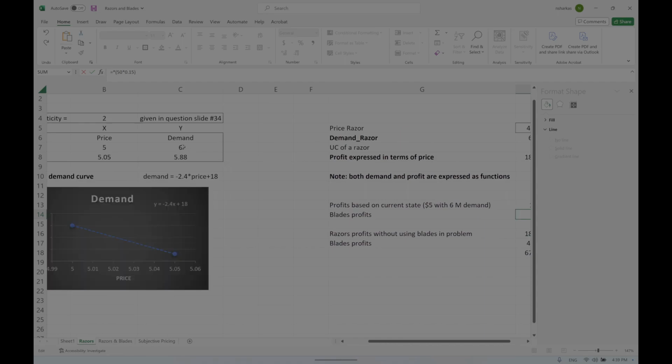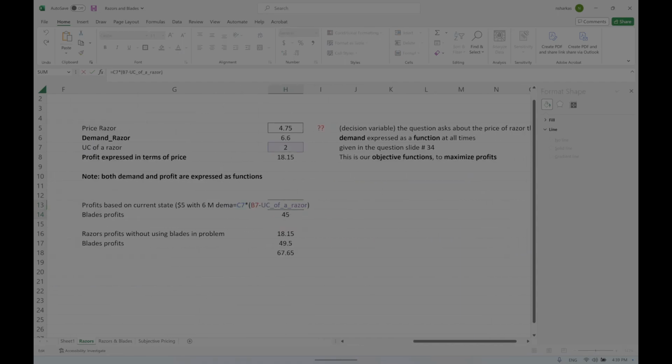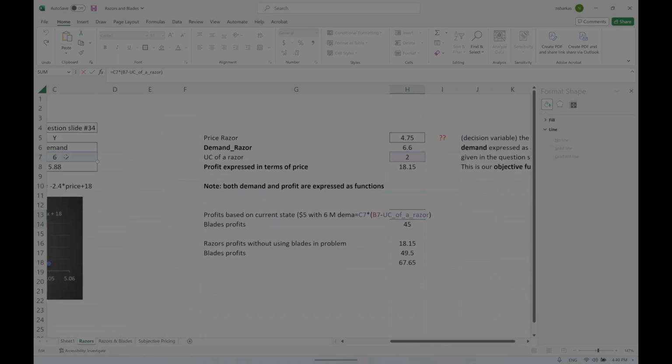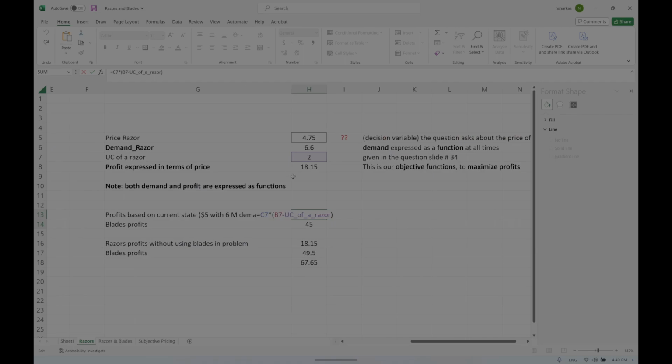It's going to be the previous demand here, 6. Remember, we got this demand with this price. Now we're going to get also the previous demand with this, and now we're going to be able to get this plus this in profits, 63.